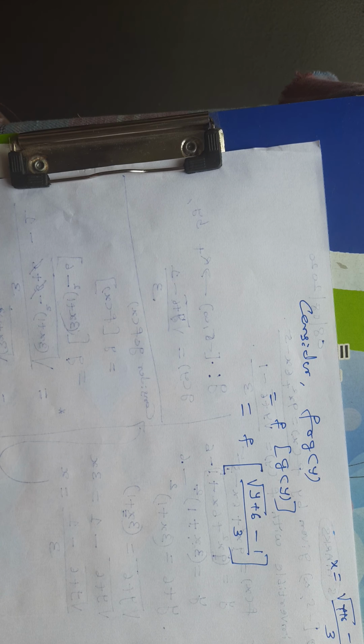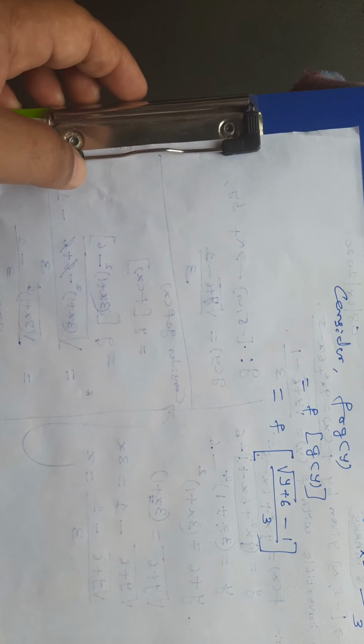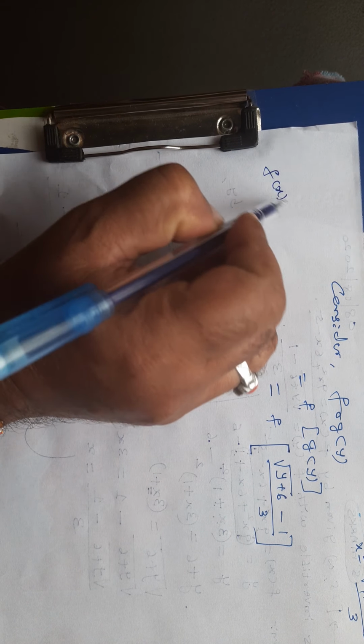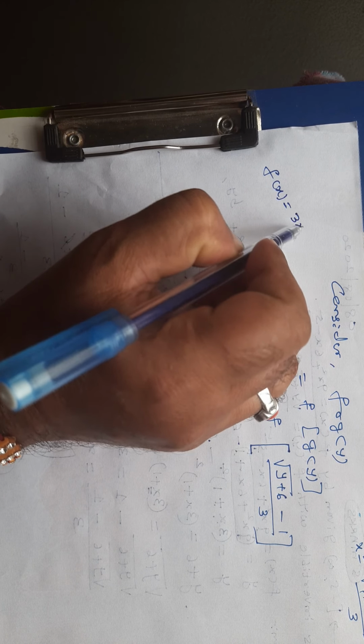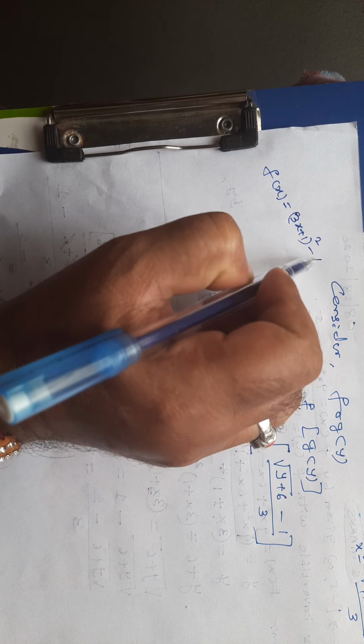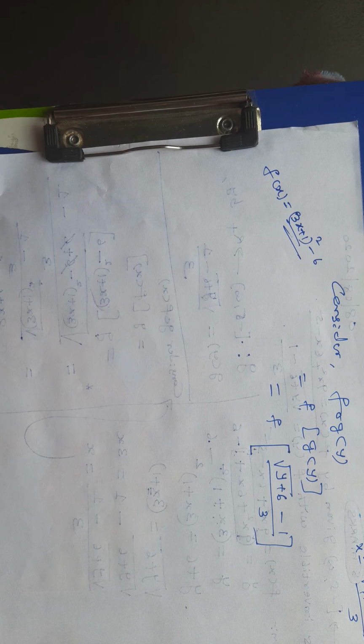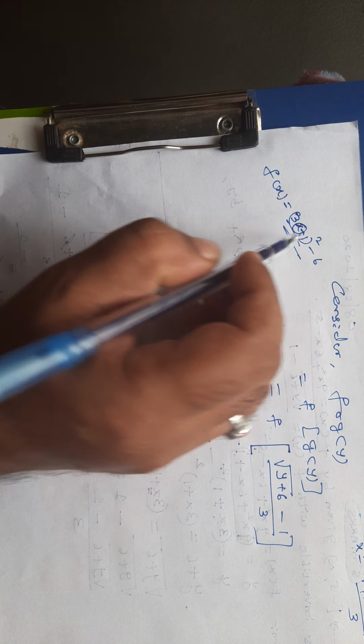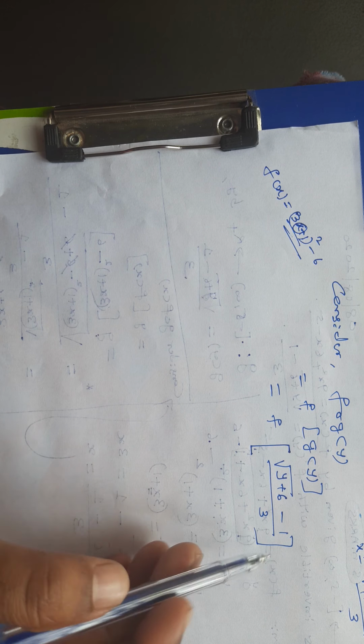So what was my function here? What was my function f of x? My function was f of x is equal to 3x plus 1 whole square minus 6. Isn't it? This is the function here. So here instead of x, I can substitute this whole thing.